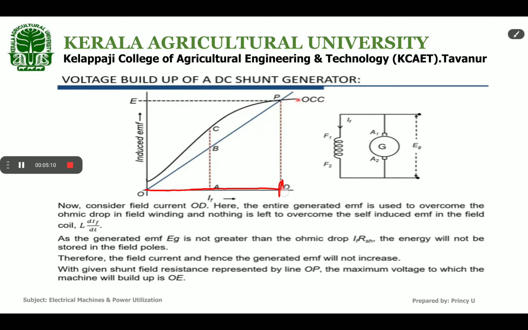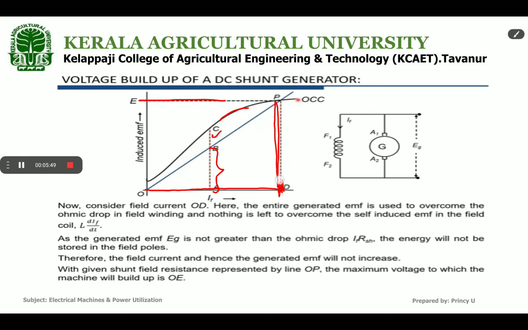At this point, the total induced EMF is OE, and the entire induced EMF is used to overcome the ohmic drop in the field winding, and nothing is left to overcome the self-induced EMF. Here we know that one part was needed to supply the ohmic drop, and the extra part was needed to overcome the opposing self-induced EMF, and that part can be saved as extra magnetic flux stored in the pole. So we can build up more induced EMF again.